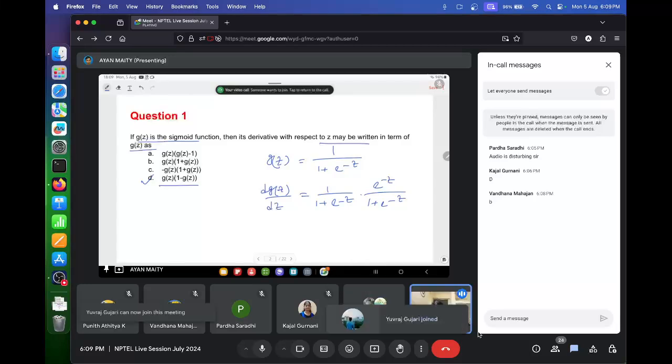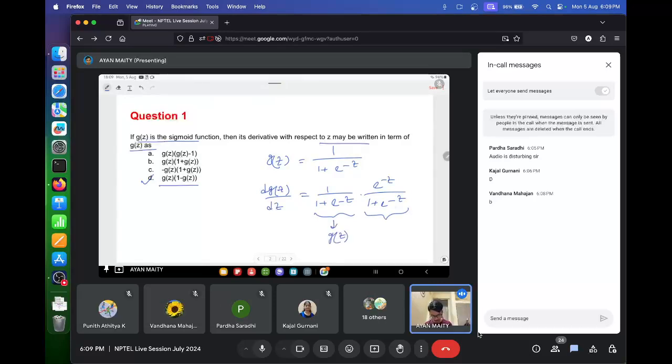If you compute it properly, you will get these two factors. This one is exactly g(z), and this part is 1 minus g(z). If you compute 1 minus g(z), you will get e to the power minus z divided by 1 plus e to the power minus z. So the derivative becomes g(z) into 1 minus g(z). This is the derivative of the sigmoid function with respect to the variable z.